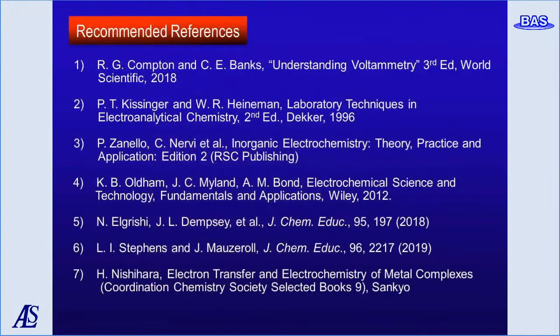In addition, Compton and his colleagues' Understanding Voltammetry is a good book to learn about CV from undergraduate level, and Kissinger's book is a bit outdated, but is a good reference for basic electrochemical measurements.